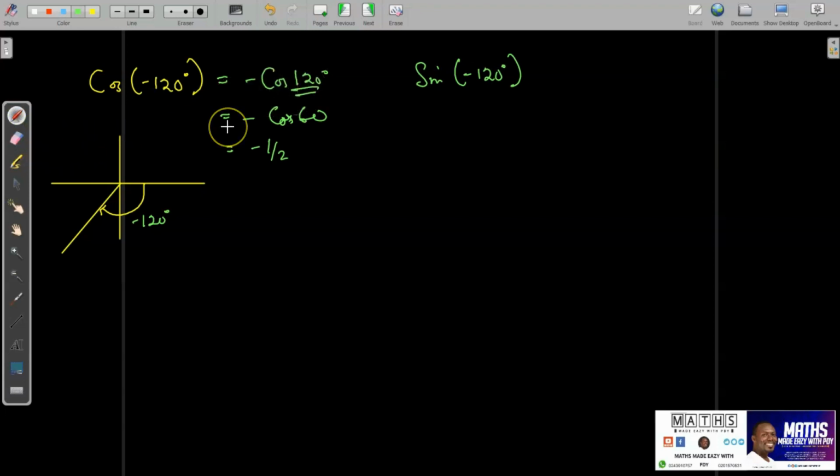Please, what's the subtopic? The subtopic is finding the trig ratios of negative angles. I guess you just joined us, right? I made mention of what we are treating today.